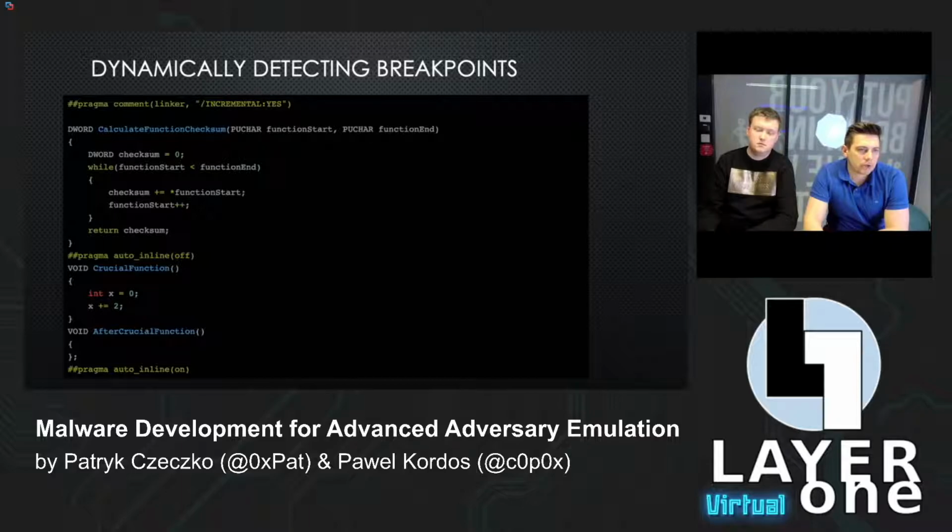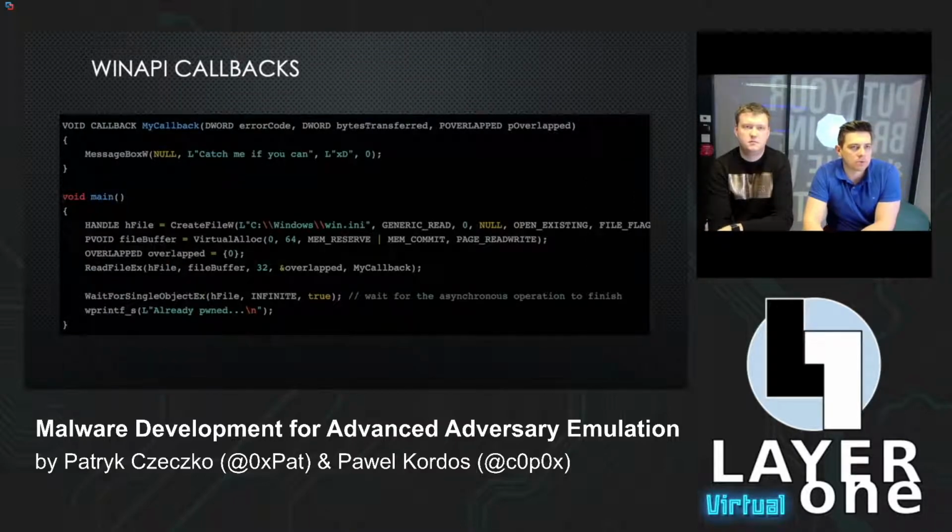So we could calculate the checksum of all the bytes of the function, starting here, at the beginning of this crucial function, and ending here, because the beginning of the next function is the end of this crucial function. So we could check whether the bytes were changed in memory, because if there's a software breakpoint placed in this function, the specific opcode would be present and the checksum would be different. So that's a cool feature.